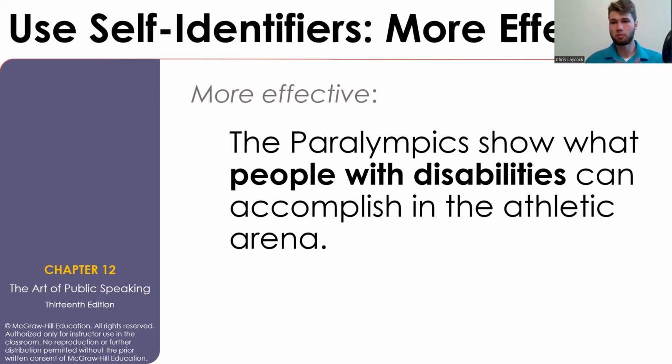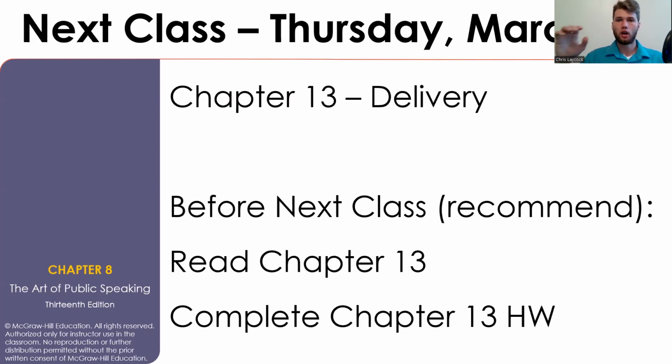It implies that they're not capable of doing things that people would normally do. And you might be thinking the same thing about people with disabilities, but it softens the blow. You're not stereotyping and you're not conjuring up an image of what somebody is in terms of their capability. So that is it for this lecture.